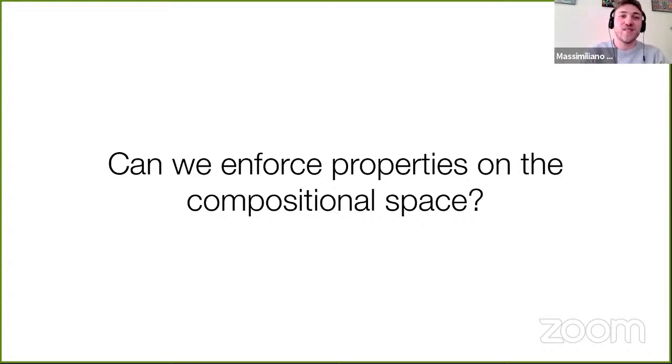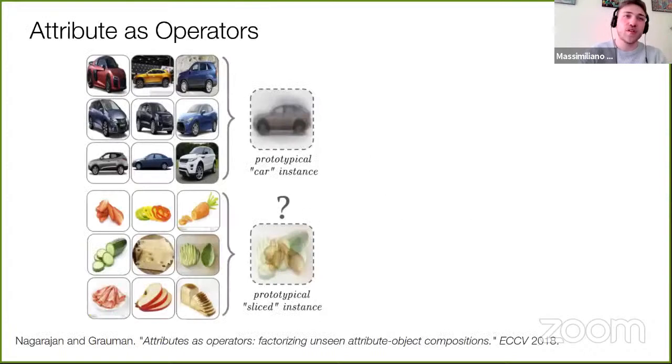Probably the first work going in this direction was Attributes as Operators in 2018. The idea behind this work is that objects you can visualize. If I tell you to imagine a prototype for the car object, you have in mind a good prototype for an average car.